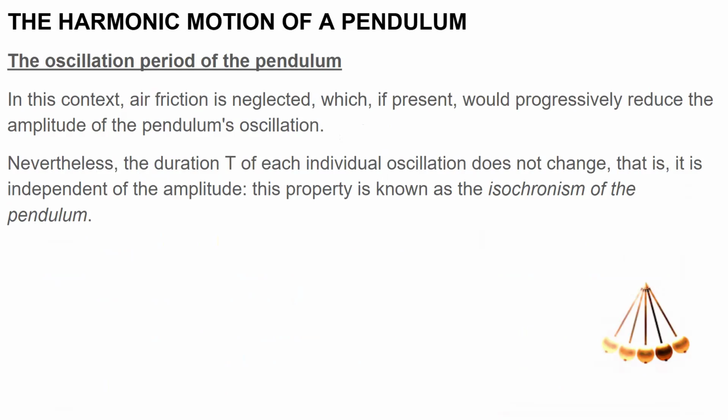In fact, the time T of each individual oscillation does not change, that is, it is independent of the amplitude. This property is known as the isochronism of the pendulum. In absence of friction, in fact, the amplitude is the same in every oscillation, unlike the real case.